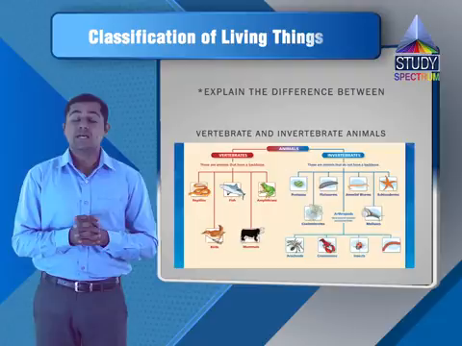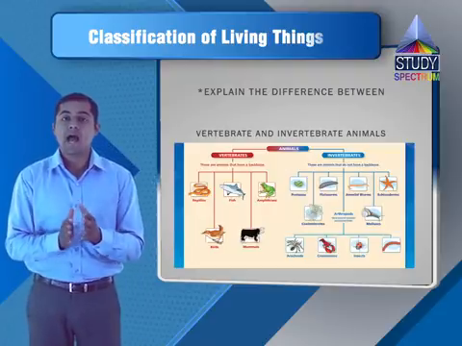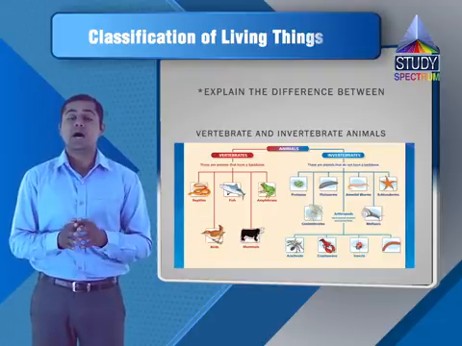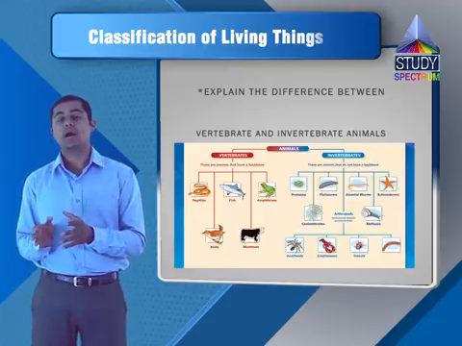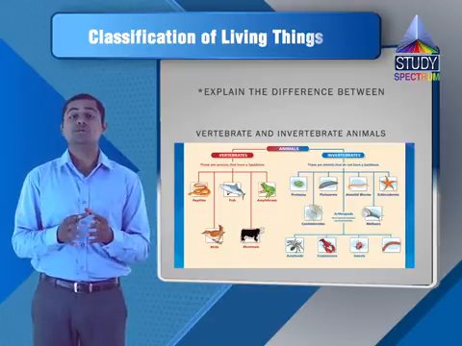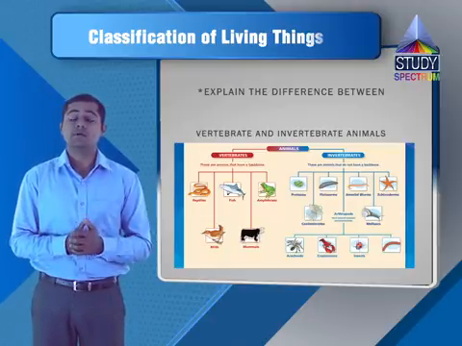Last one, vertebrate and invertebrate animals. The animals which have a backbone, a series of vertebrae on their back, are vertebrate animals. The animals which do not have any such backbone, any such vertebral column, those are invertebrates. Which are the vertebrate animals?